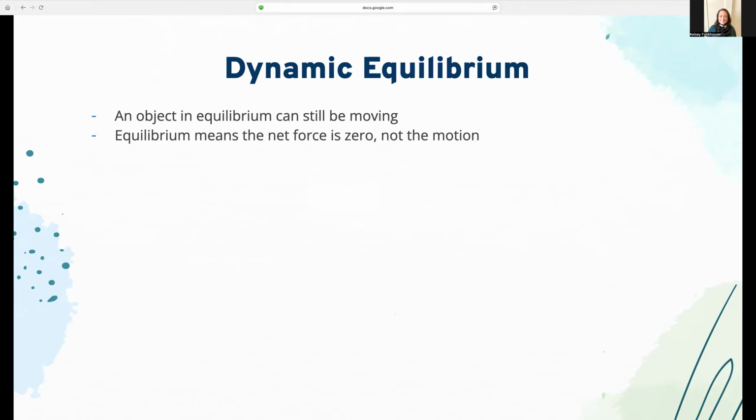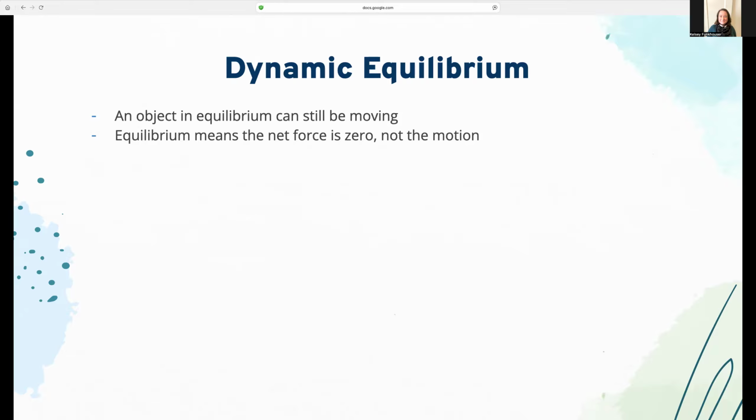There is also a concept of dynamic equilibrium, and this just means that an object can be in equilibrium and still be moving. Equilibrium means that the net force, or the total forces acting on the object, is 0, but that doesn't mean that it's not moving. There's no rule against that. As I said, Newton's first law says an object in motion will stay in motion unless a non-zero force acts on it.